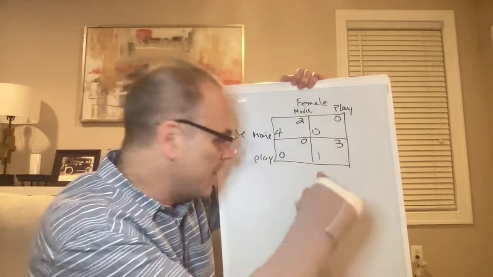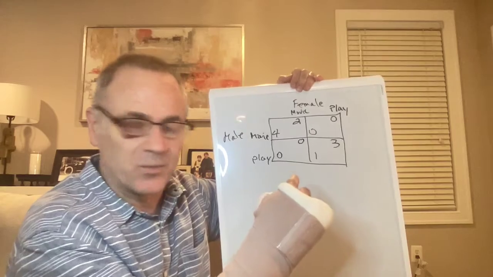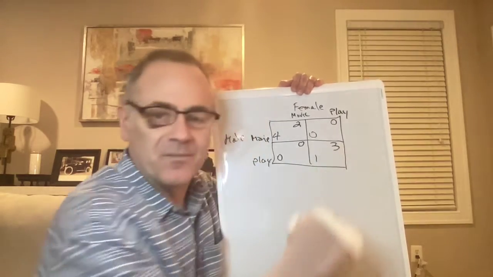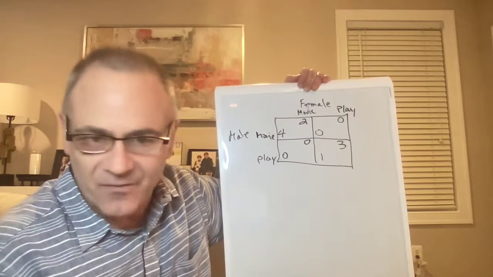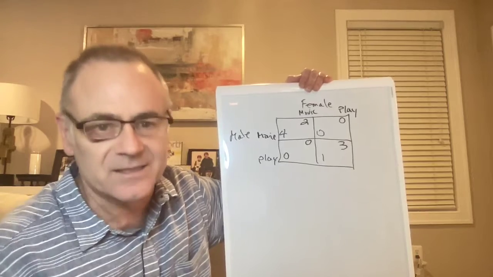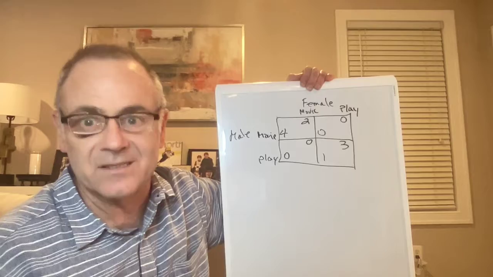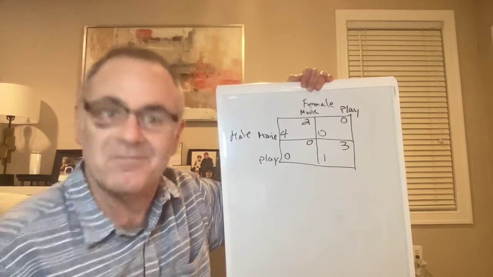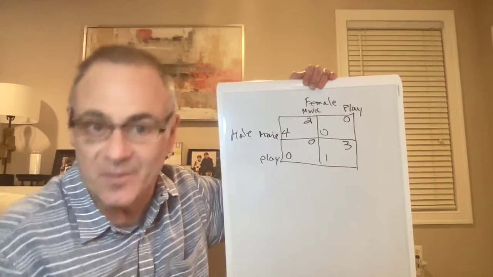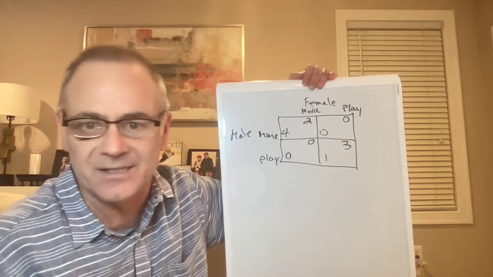Okay, now another pure strategy equilibrium is play. So you can verify it the same way. If the equilibrium god says both of you go to a play, then the male says, assuming the female's going to the play, I want to go to the play. But assuming the female is following what the equilibrium god says.